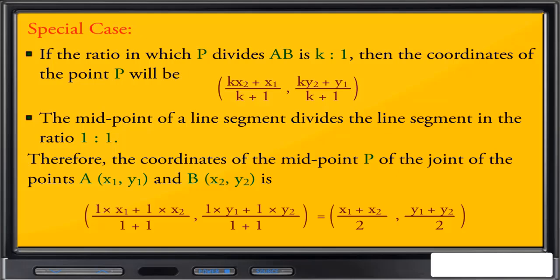This in turn is equal to (x1 plus x2 upon 2, y1 plus y2 upon 2).